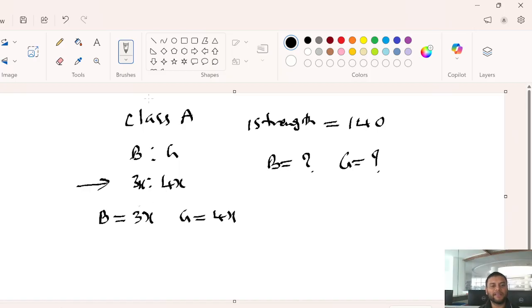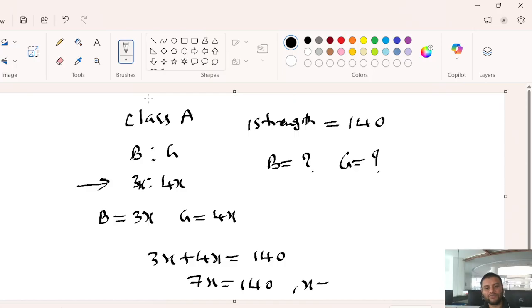See, how we are writing is after multiplying with some variable only. And we know boys and girls constitute the class, so we can say 3x boys and 4x girls should be equal to 140 students in the class. So totally you have 7x is equal to 140, and x value is equal to 20.